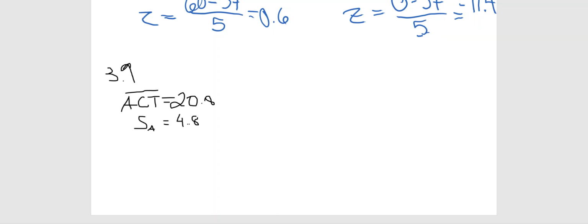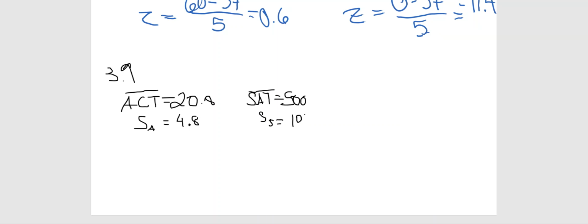And who picked that scale, by the way? That's just ridiculous. And then the SAT mean, notice I'm using the bar for mean, just like we should, is 500. I'm drawing with my mouse at this point because I can't get the pen to work again. And then S with a little sub S for SAT is 100.